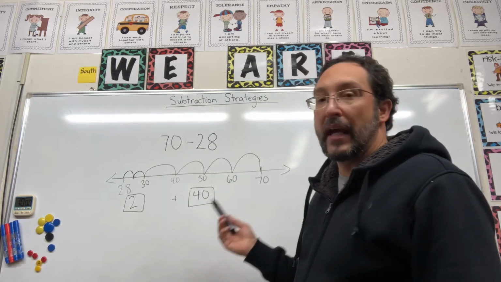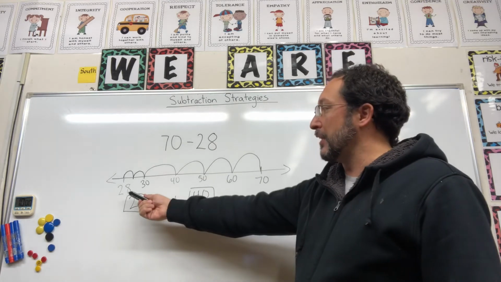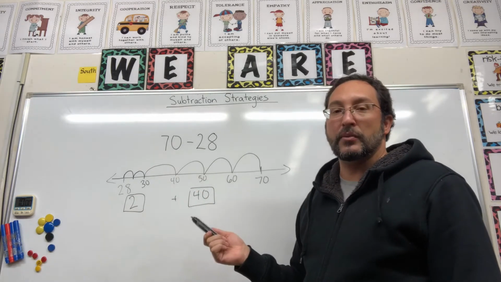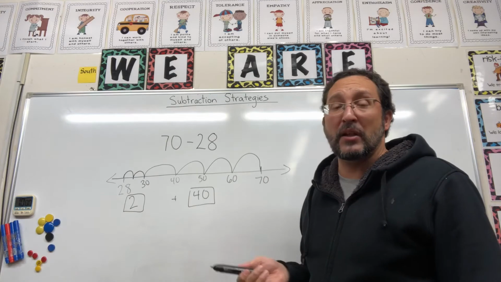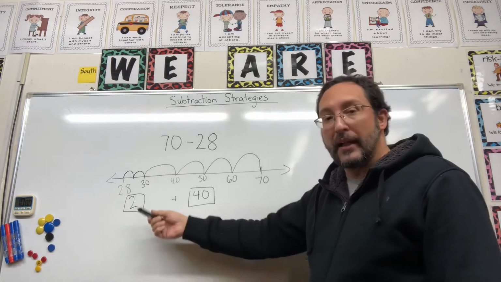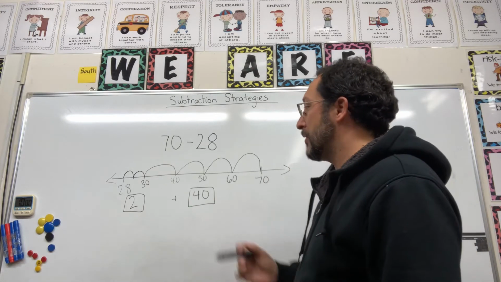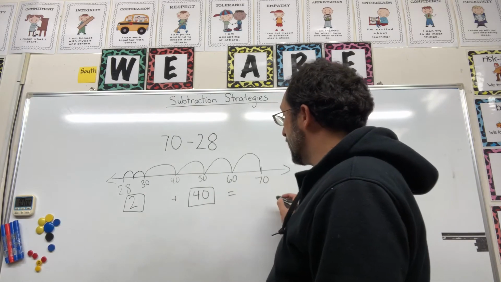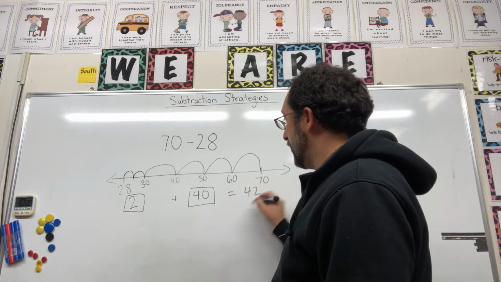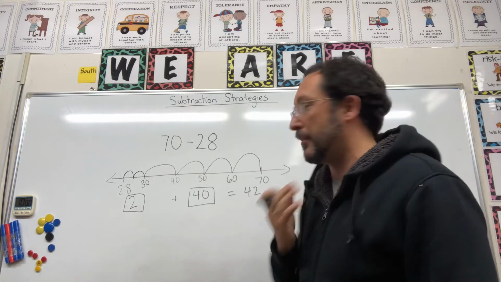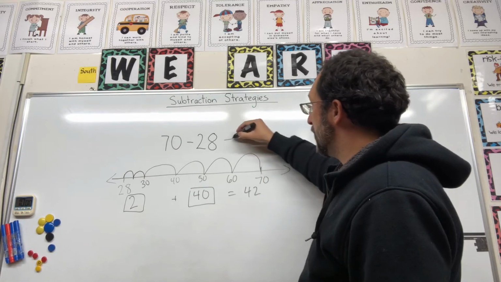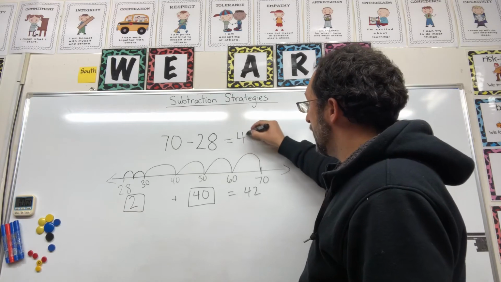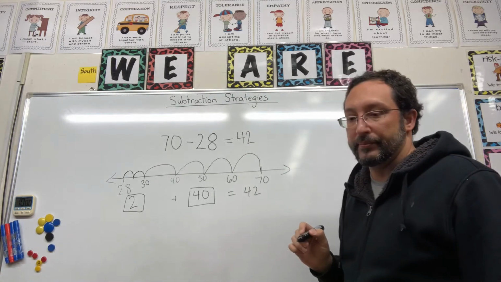So again, I've counted upwards from my smaller number. We could do the same thing going backwards, but as we said before, it's easier going forwards. So 2 plus 40 equals 42. Easy to add those two numbers up. So we now know the answer: 70 minus 28 is 42.